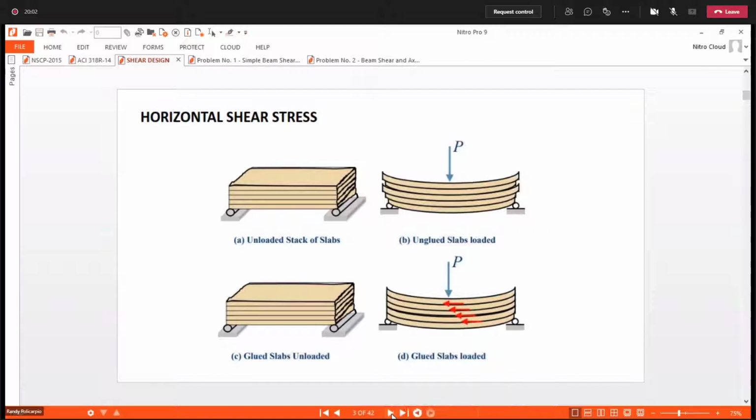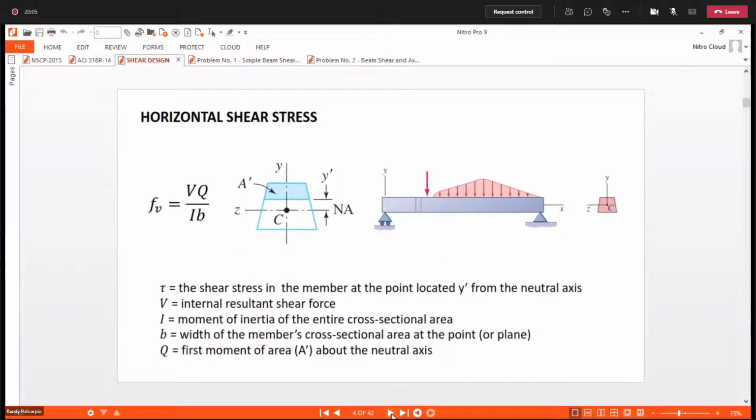So therefore, if there are stresses developed, we can determine those stresses by making use of this formula. So FB is the shear stress in the member at the point. By the way, this FB in this legend is actually equal to tau.